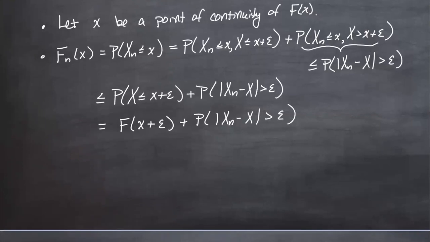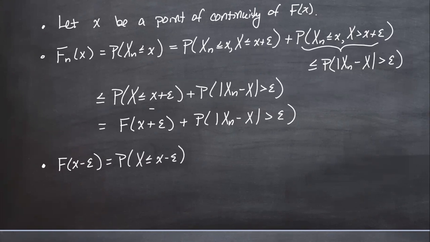I'm going to start again and try to get the F of x bounded below. So kind of looking at what I have here, I'm going to start with something that looks like this, but not. Consider, if you will, capital F of x minus epsilon. This is the probability that the random variable X is less than or equal to x minus epsilon.